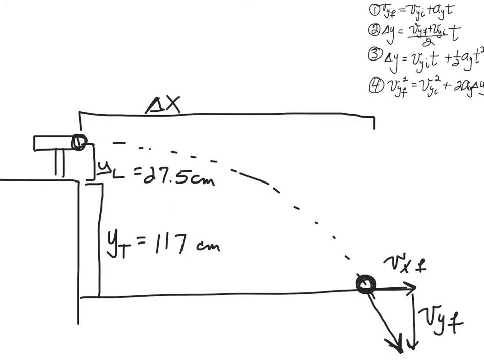The other thing that you want to remind yourself, don't forget, the launch velocity is going to be Vx initial. And the Vy initial is what? 0. Why? Because it's pointing horizontally. So when it leaves the launcher, it has no vertical component. So you have to know all this to solve the problem.